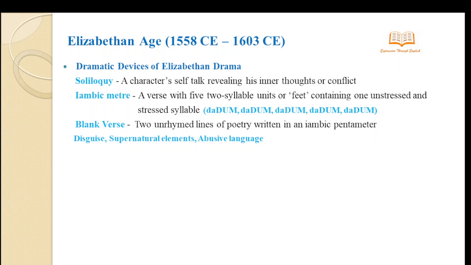And we also see supernatural characters in these dramas. They play a very pivotal role in these Elizabethan dramas. And we have got abusive language as well in these dramas. At different places, the characters use abusive language.